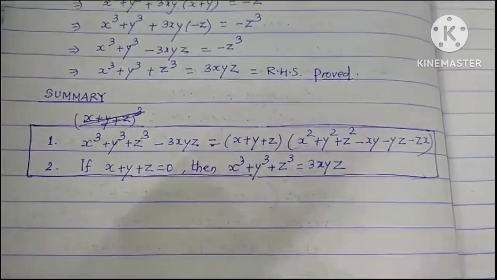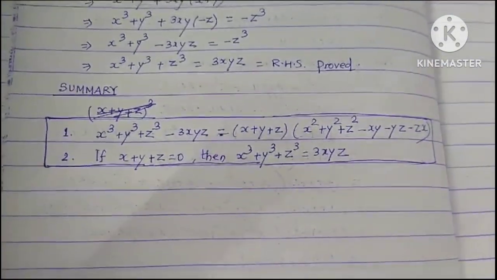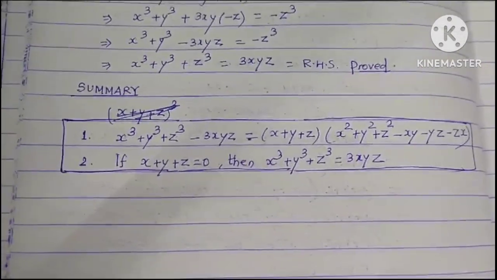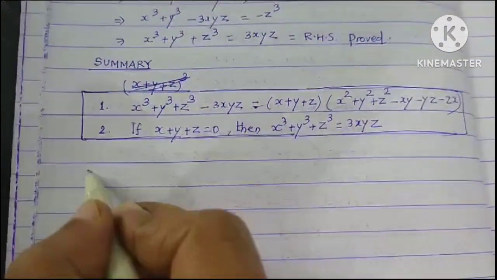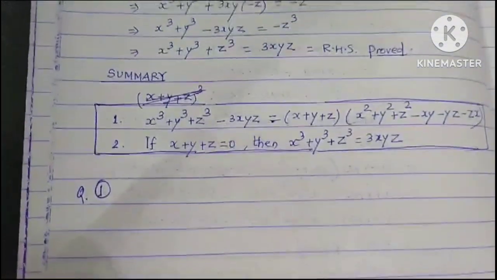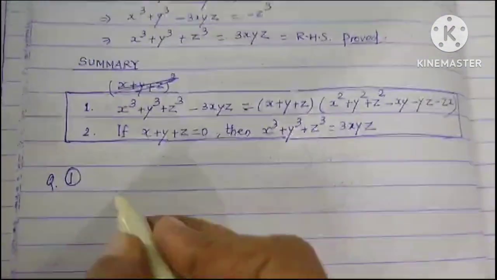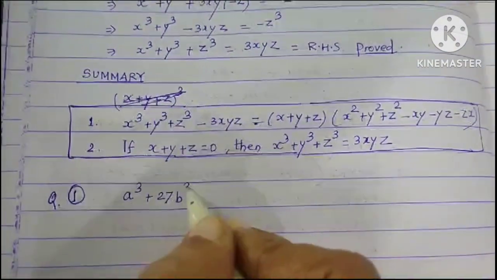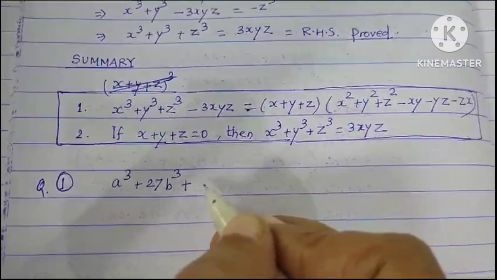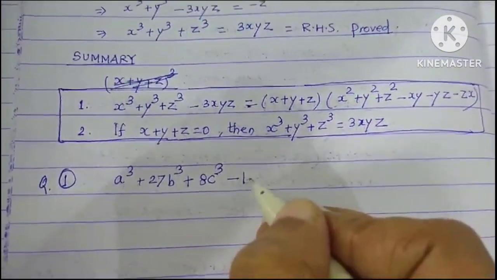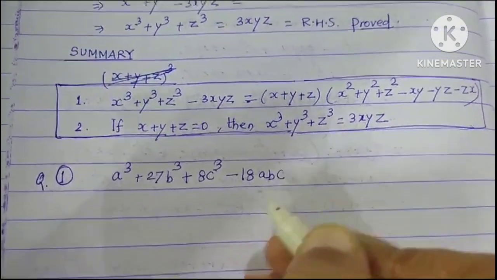Now we are going to solve some questions based on these formulae so that it will be clear. Let us take question 1. a cube plus 27 b cube plus 8 c cube minus 18 abc.